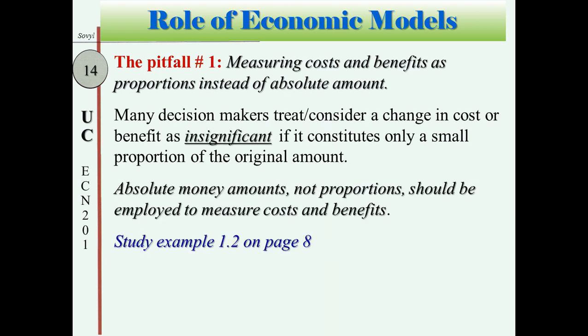Absolute money amount, not proportion, should be employed to measure the cost and benefit. That's why when you make a decision, don't use percentage for measuring the cost or benefit of that action. You should use the amount of money to measure the cost or benefit of that action.